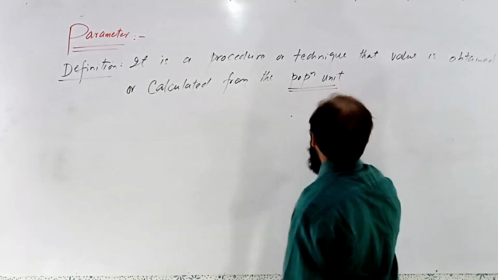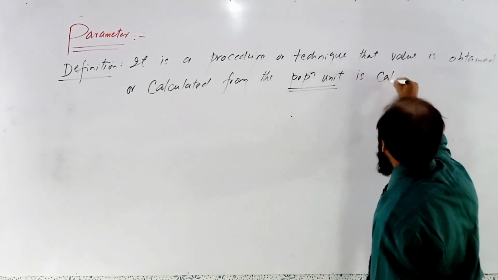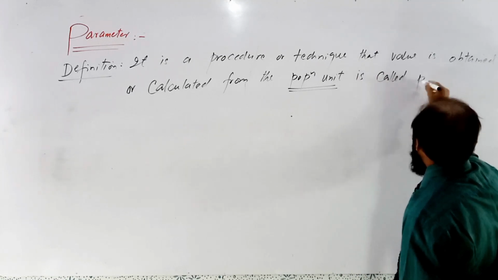A value from the population unit is called a parameter.